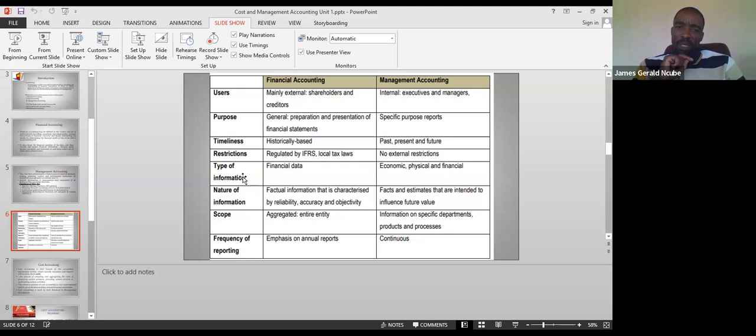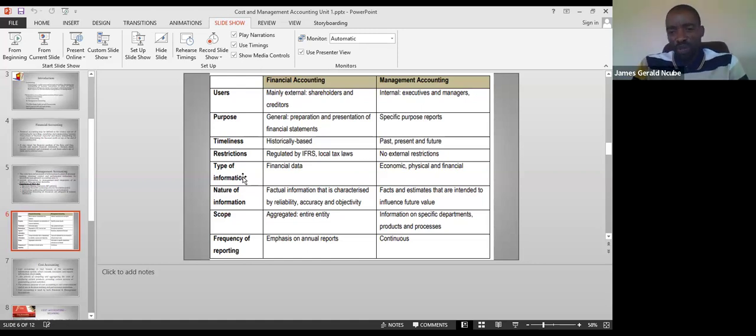Financial data, as far as financial accounting is concerned. The type of information that is presented in financial accounting tends to be financial in nature. They are figures in nature. And then, on the other hand, we've got management accounting, where the type of information is economic, physical, and financial.